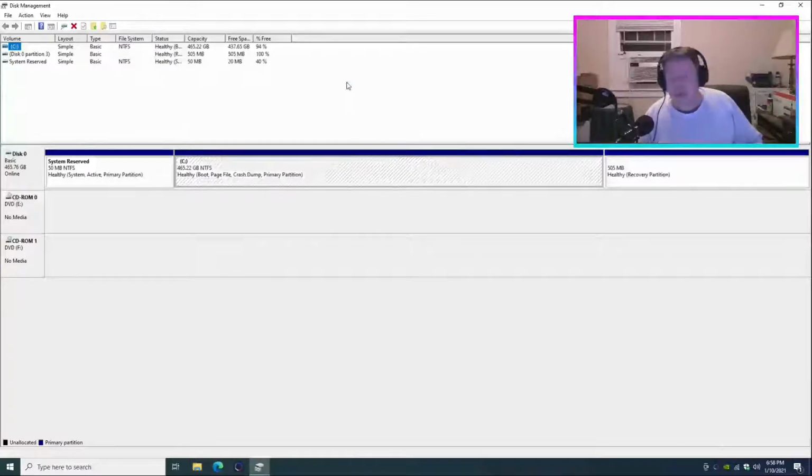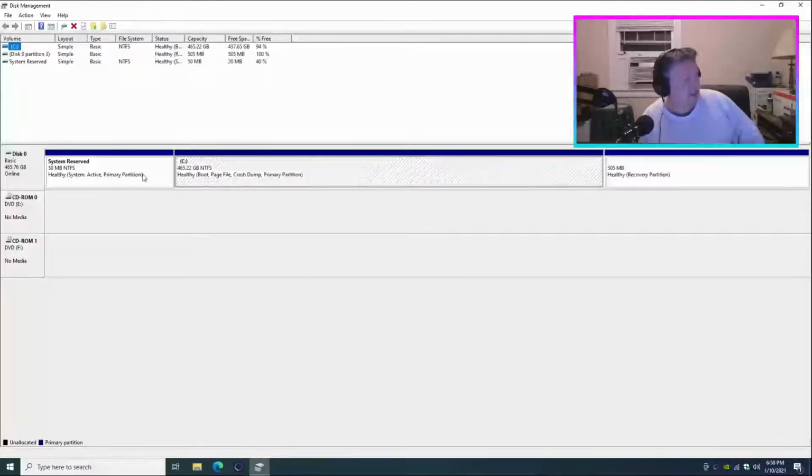This is a section of Windows that shows the partitions that are created when the Windows 10 operating system is installed on a hard drive or an SSD of a computer.